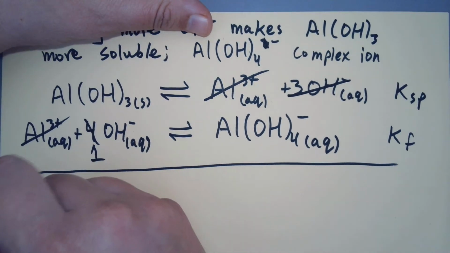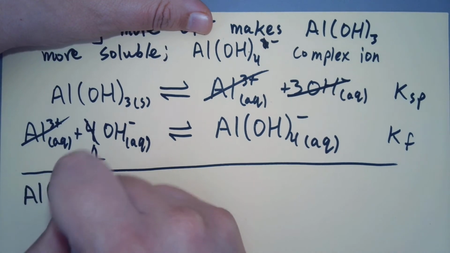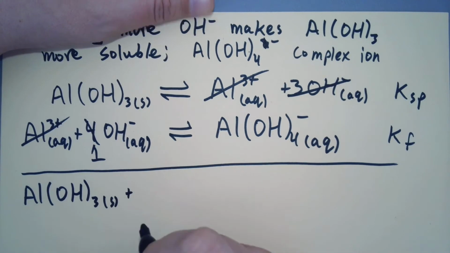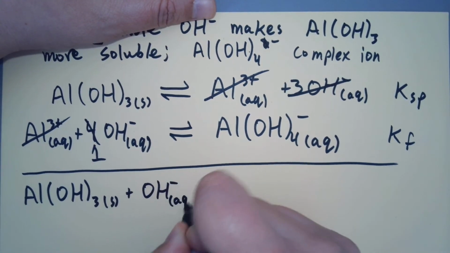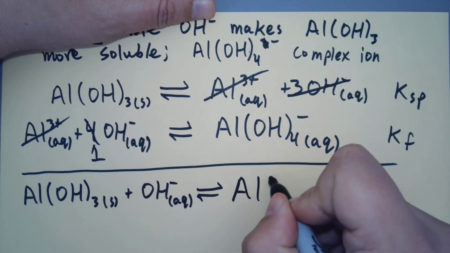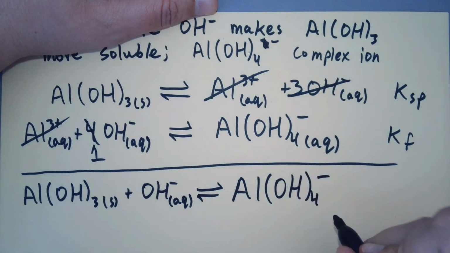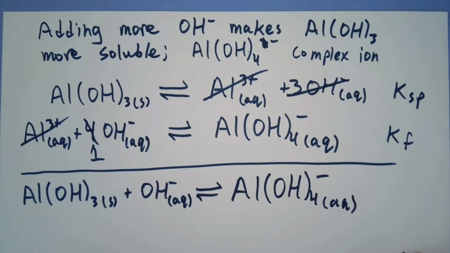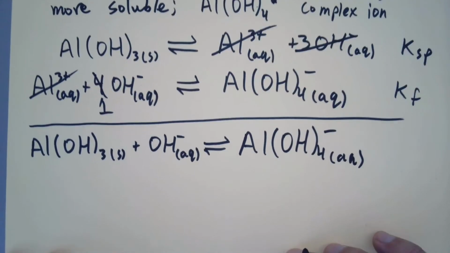And so what we get is aluminum hydroxide plus a hydroxide ion goes into equilibrium to give us our complex ion. Which is going to give us a value for KQ.